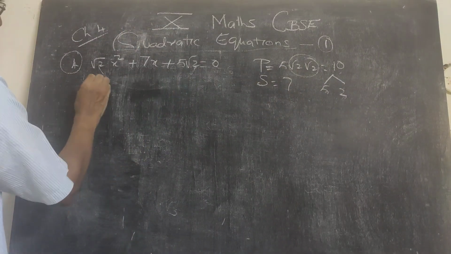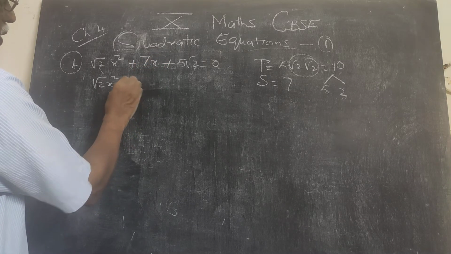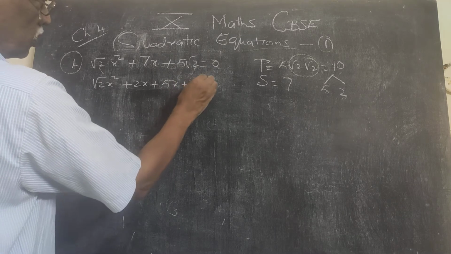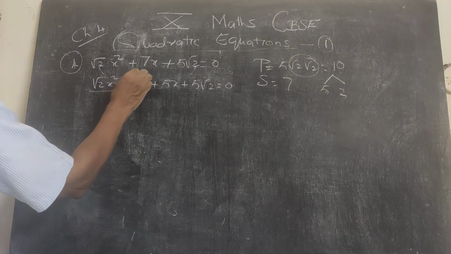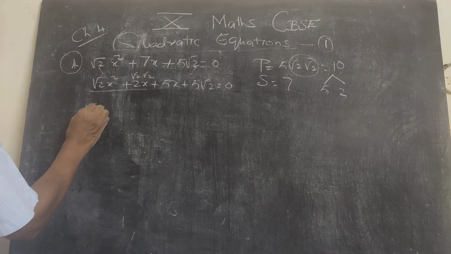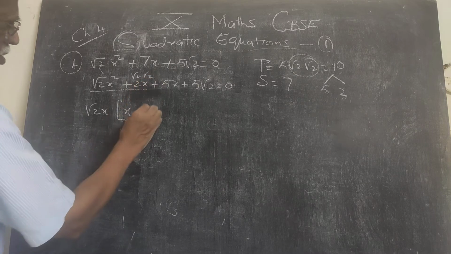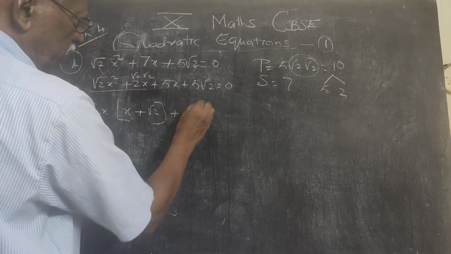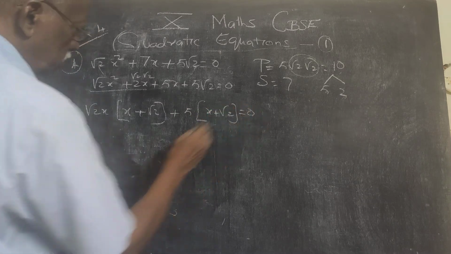So now rewrite this problem. Root 2 times x² plus 5x, so write 2x plus 5x plus 5 root 2 equal to 0. Out of these two things, this is root 2 into root 2, so I am taking root 2x out. So left is x, and here will be root 2. Out of these two, 5 is the common factor outside. The result is x plus root 2 equal to 0.